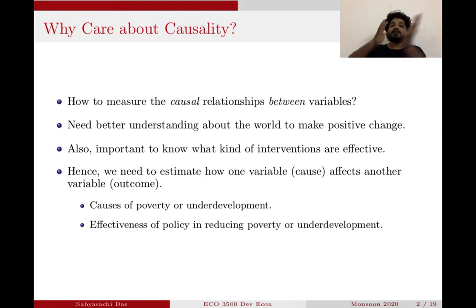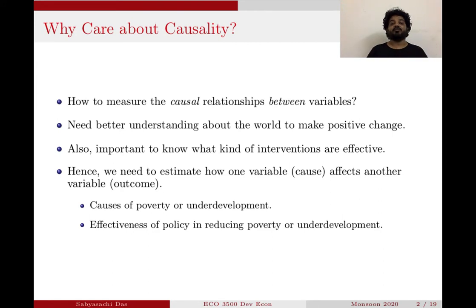So there might be other things driving this specific feature of underdevelopment that you are interested in understanding, but not what you a priori thought it would be. So it's really important to test your prior beliefs by rigorously collecting data and doing statistical and econometric analysis. That's why it's important, because often we are surprised by what's happening on the ground, which doesn't match our preconceived notions of the world.